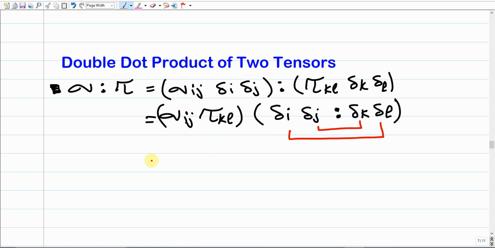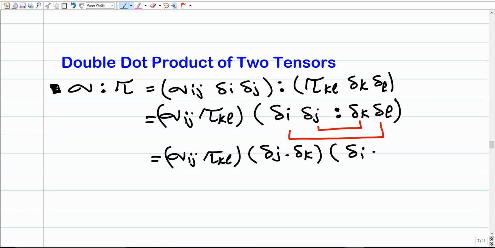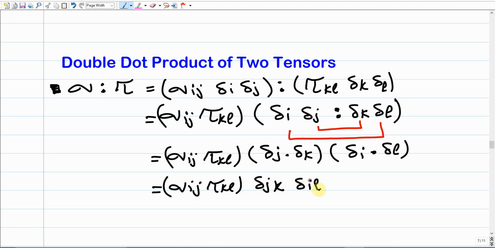So we end up with something in this form: sigma ij tau kl, and here delta j dot delta k times delta i dot delta l. The first term gives delta jk, right? And the second term gives delta il.